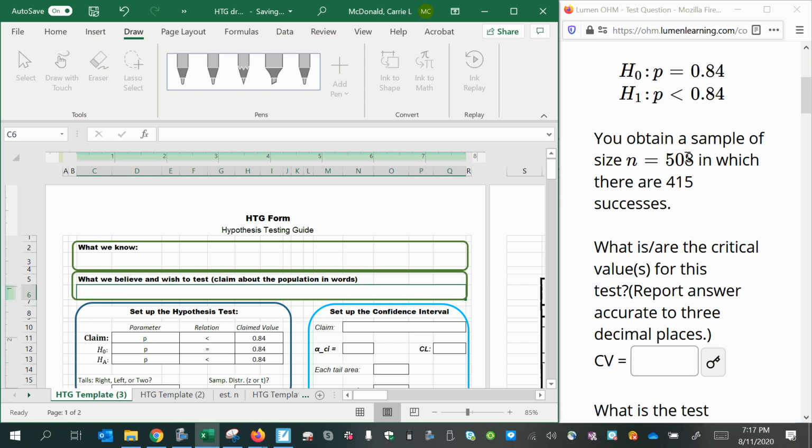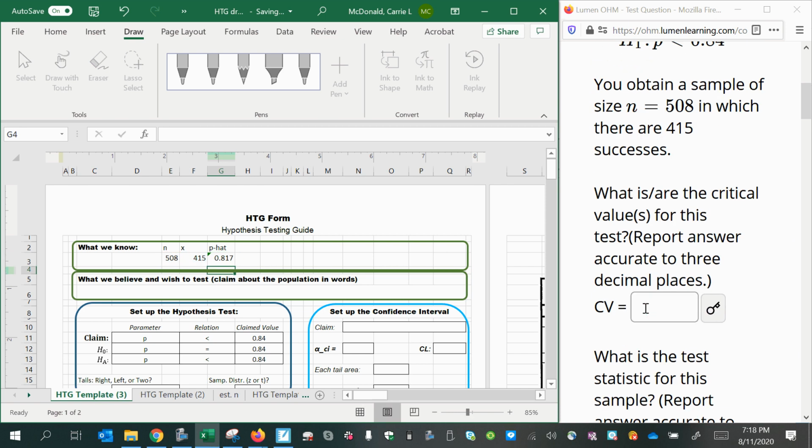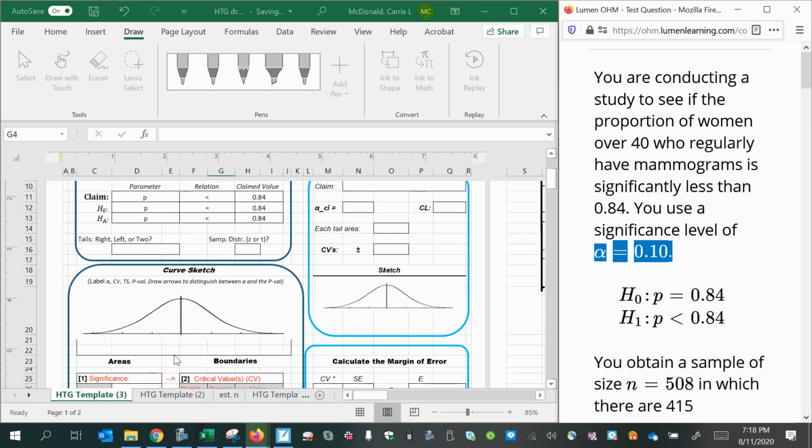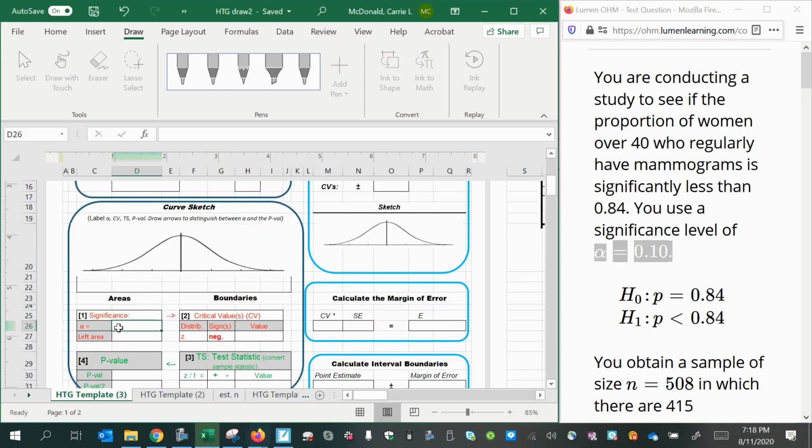We also have a sample of size n, 508, with a number of successes x that is 415. And that means that our sample proportion, p hat, would be x divided by n. We also were given to do this test with a significance level of 0.10. So I'm going to go ahead and put that down here.